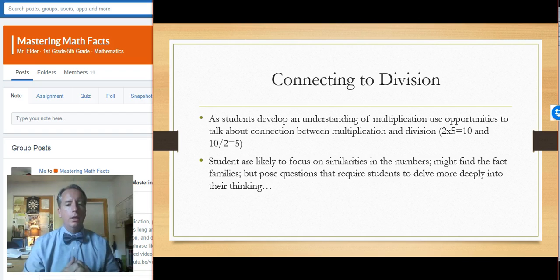And I think that's going to be my stance on this, and I think that's our text's stance, is that if we really focus on getting good at multiplication, the connection to division becomes just a question of 2 times what gives me 10, instead of 10 divided by 2 is what, because generally speaking, I think that's the way most of us think about them. Every now and then somebody has really memorized their division facts, and that's how they see them. But usually it's the ability to connect back to multiplication.